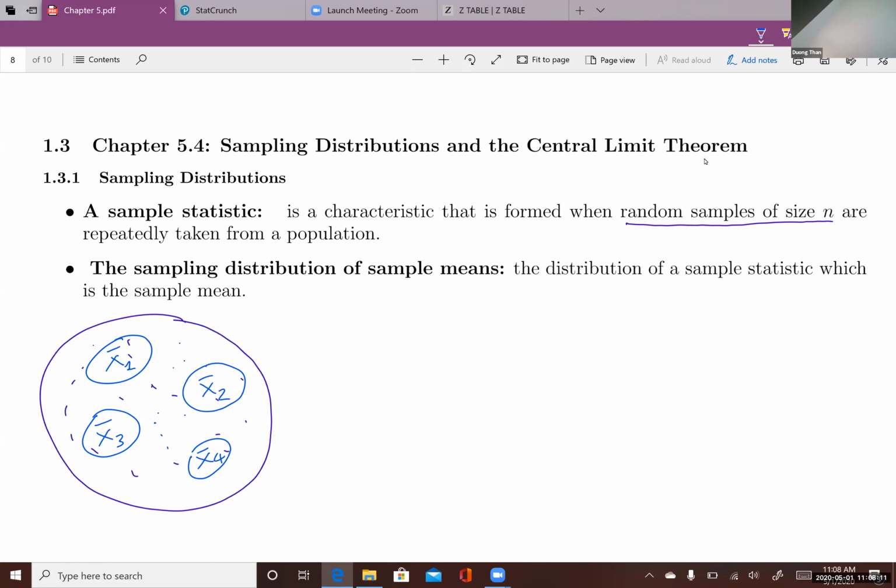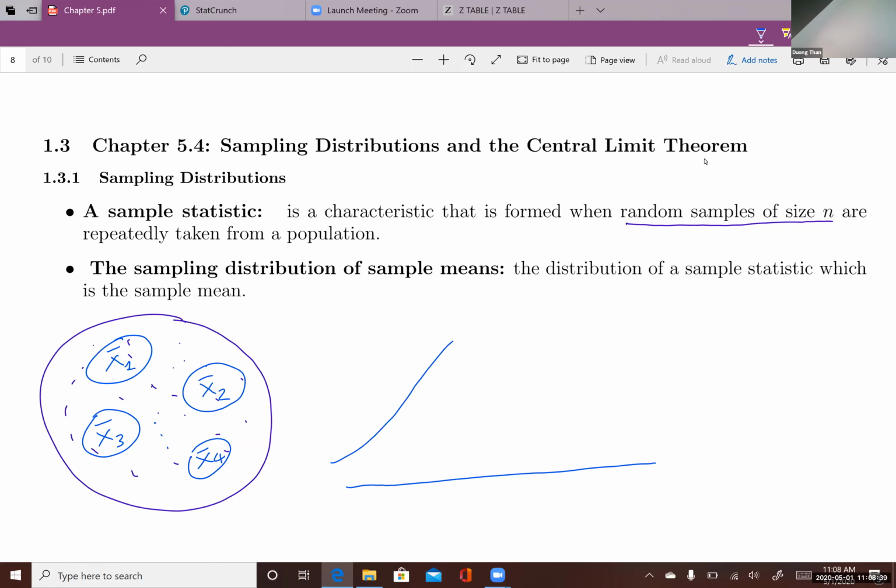Again, the sampling distribution of the sample means is based on a sample statistic, which is the sample mean. That means from all of these sample means here, I can create a distribution for all the sample means that I collected from all the random samples of the same size.